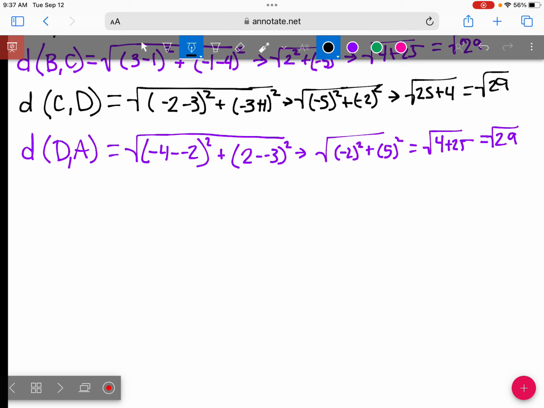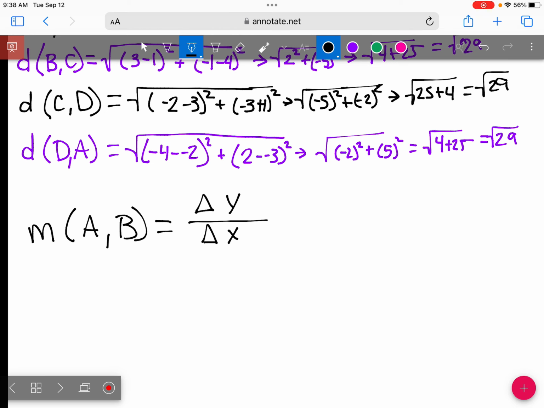But we still got to find our slopes here so we can prove our square. So slope we call M. We're going to do the slope from point A to point B. How do we find slope again? y = mx + b. That's a line. We don't need the whole line. Yeah, the change in y over the change in x.